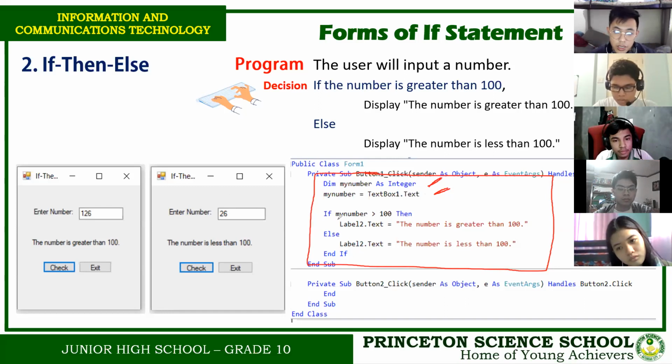The condition is my number is greater than 100. If that condition is correct or true, it will go to the first VB expression, where the output is the number is greater than 100. Else, if this is false, the output is going to be the second VB expression, which is the number is less than 100.